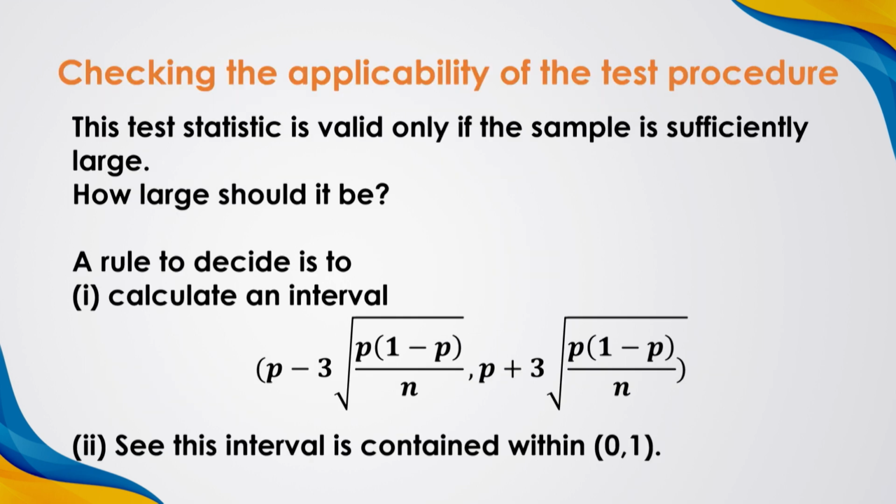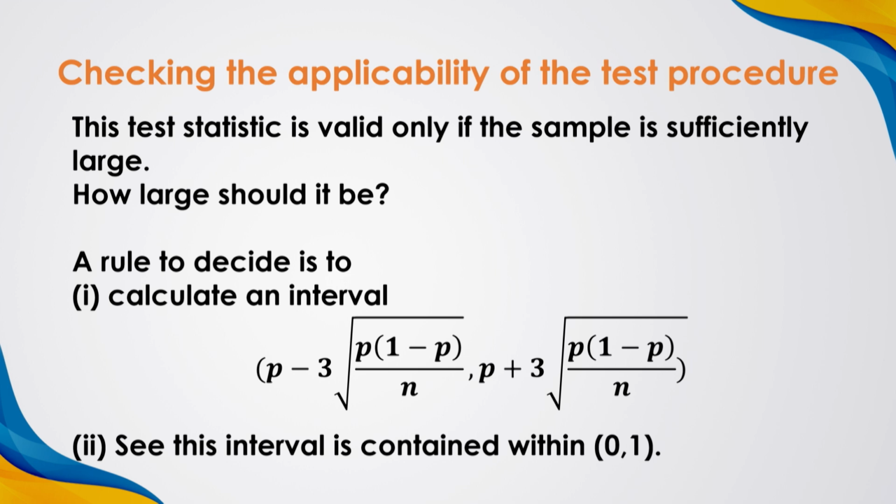Checking the applicability of the test procedure: we are told that the test procedure for the sample mean and for the population proportion can be used only when the sample size is very large.